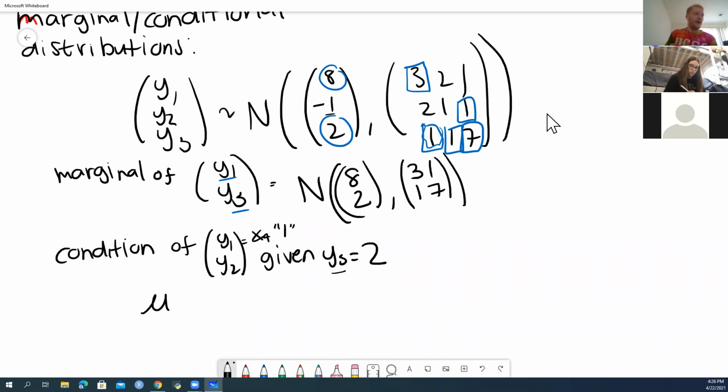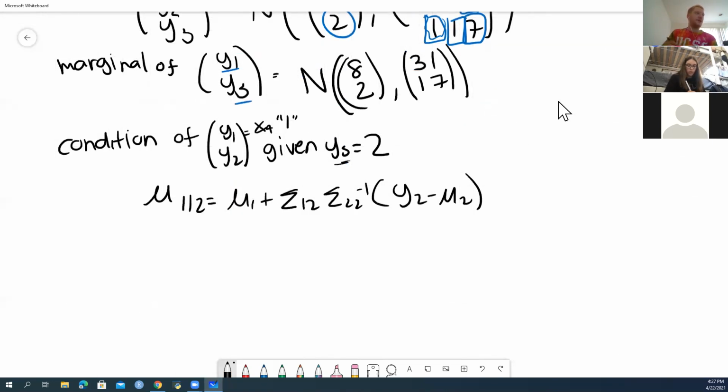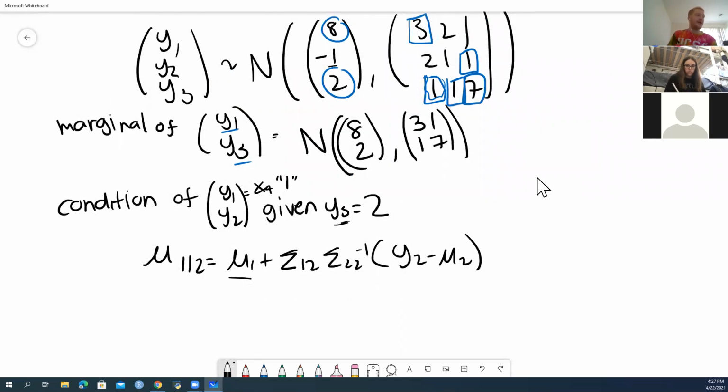And then y3 is the 2. So remember, mu 1 given 2 is going to be mu1 plus sigma 1,2 sigma 2,2 inverse (y2 minus mu2). Mu1 is just going to be 8, -1.